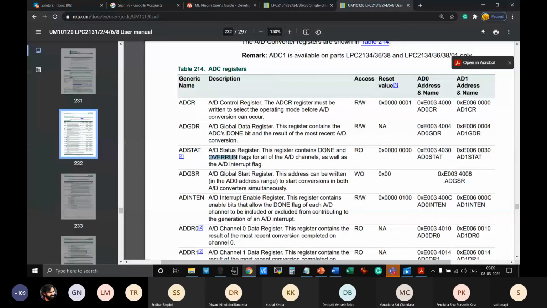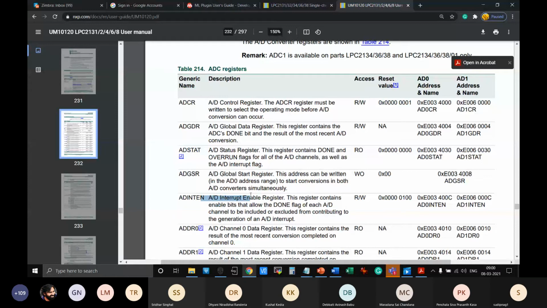So if you are just asking the microcontroller to do conversion, but not reading the data on time, that is a problem, and that problem is indicated by this status along with which bits are done. Then you can actually enable interrupts. The start register and interrupt register are very important, as important as the others.